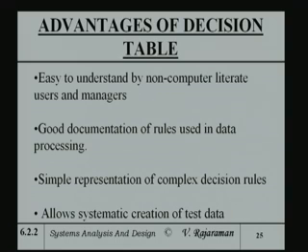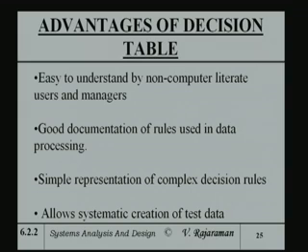Good documentation of rules used in data processing. Actually, documentation is as important as the program. In other words, once a good documentation is there, writing the program becomes straightforward. And simple representation of complex decision rules.